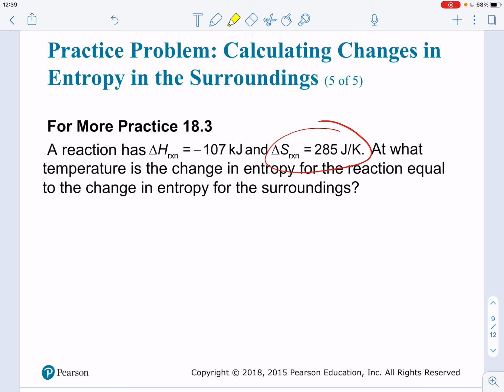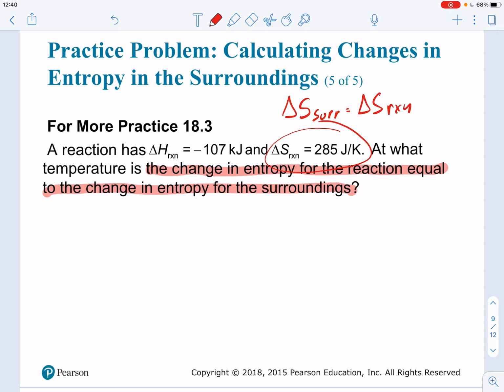So let's focus our attention on this phrase. The change in entropy for the reaction equal to the change in entropy for the surroundings. So basically what we are saying there is that the change in entropy for the surroundings is equal to the change in entropy for the reaction.